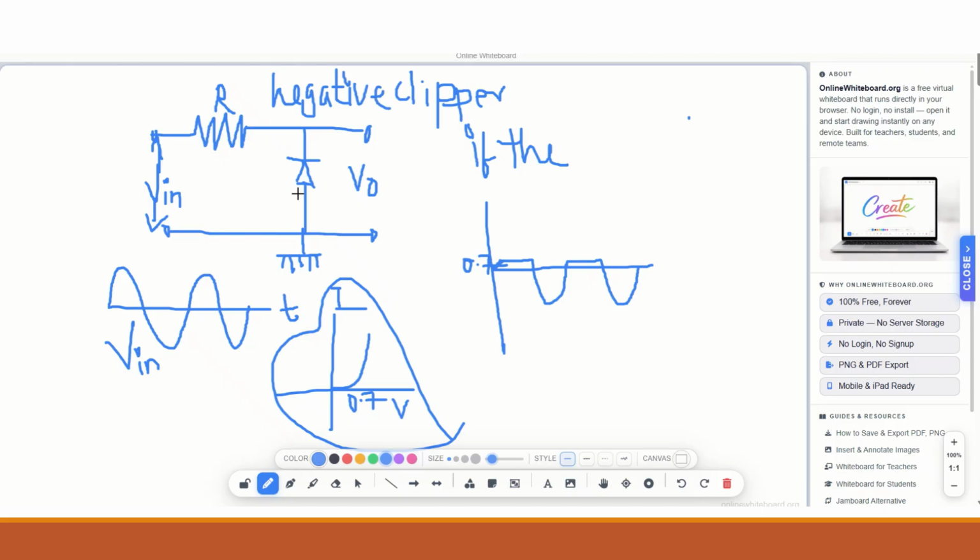The only change is that the diode's direction is reversed in the case of the negative clipper.